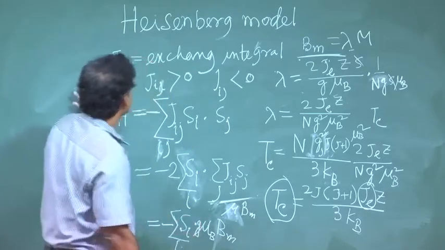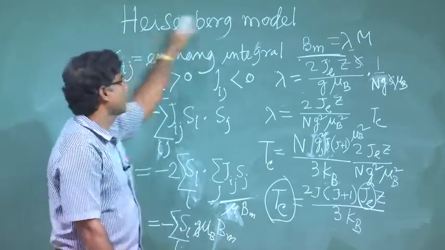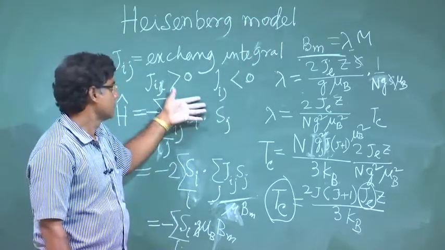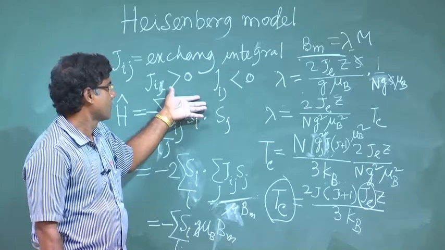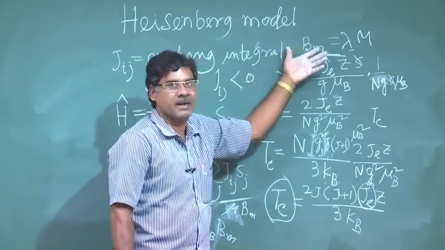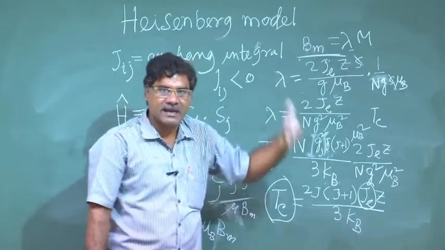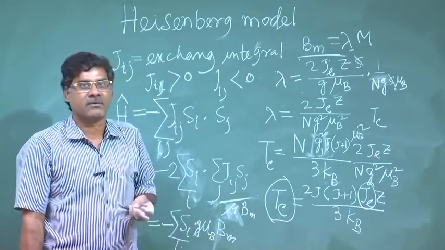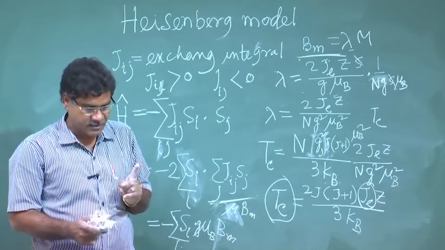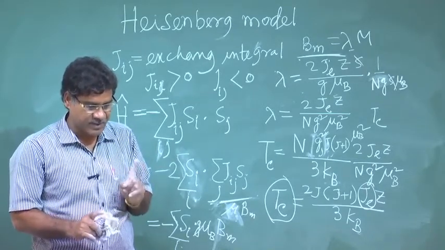So, I think this is the Heisenberg model. From this Heisenberg model we can find out the origin of this Bm molecular field, and that is basically coming from the electrostatic force, electrostatic energy, electrostatic interaction, spin part and spatial part.